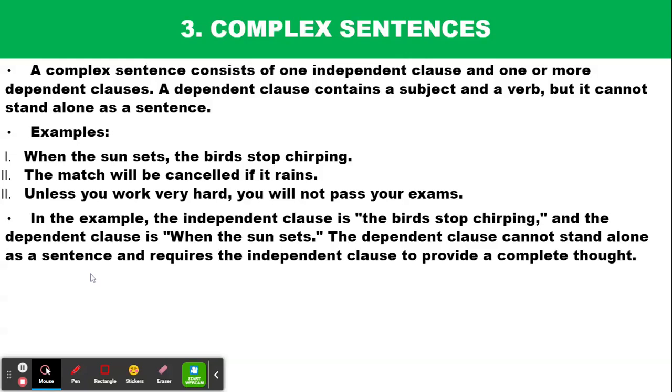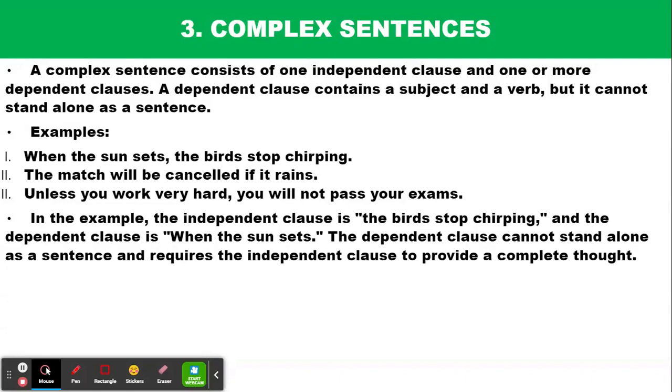Now, in the first example, the independent clause is the birds stop chirping, and the dependent clause is when the sun sets. The dependent clause cannot stand alone as a sentence because if you say when the sun sets, and that is the only thing you can say to an audience, they will surely ask you what you mean by that, because it is incomplete.